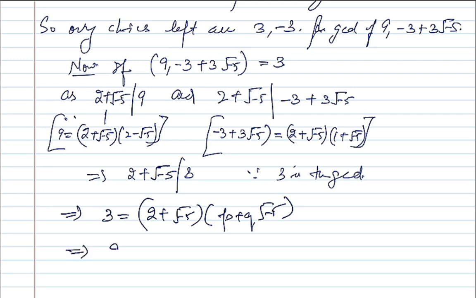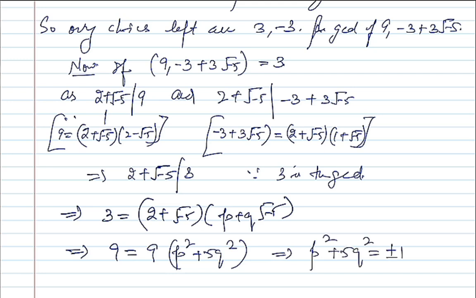So multiplying by their conjugates, 9 is equal to (4 plus 5)(p square plus 5 q square), so p square plus 5 q square is equal to 1. So from here you get p is equal to plus minus 1 and q is equal to 0.